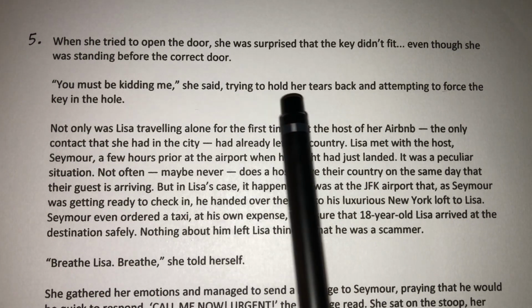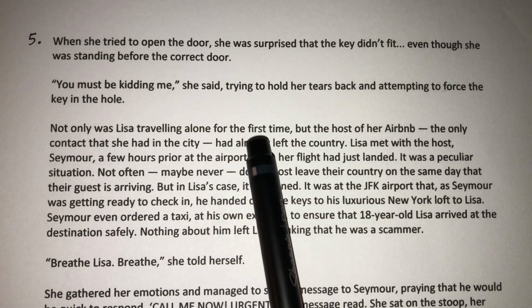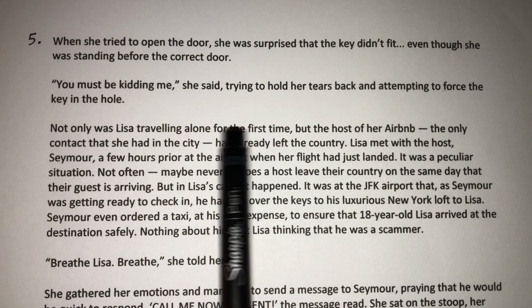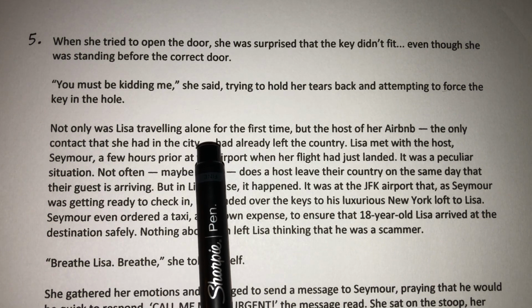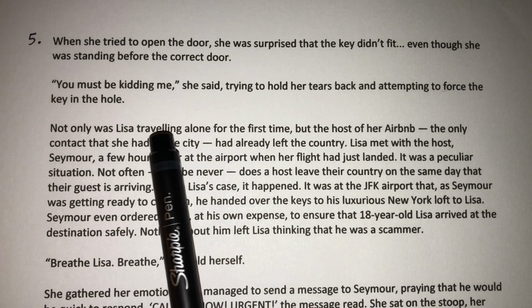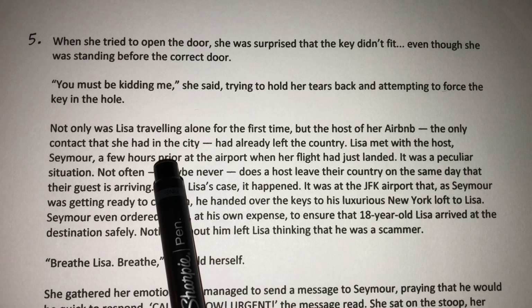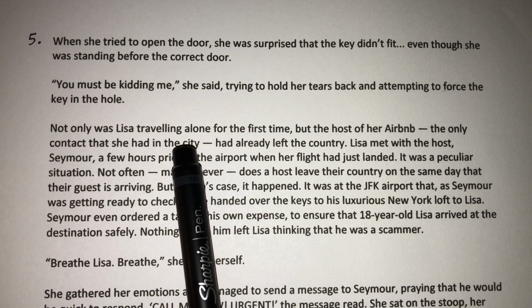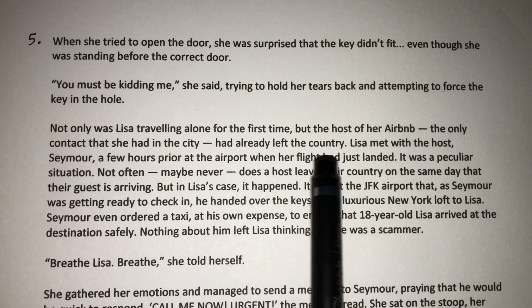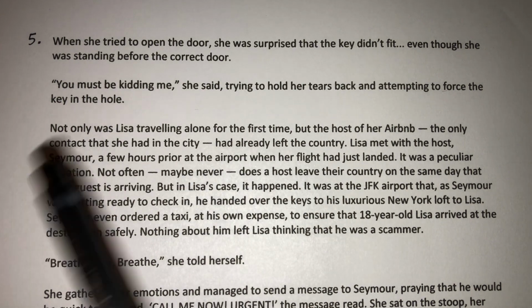So she's getting upset, and here we see that she just landed in the city, she's from abroad, and it's the first time that she's traveling alone, so it's scary. You're traveling alone, and the key to where you're supposed to stay doesn't work, so of course you freak out, right?